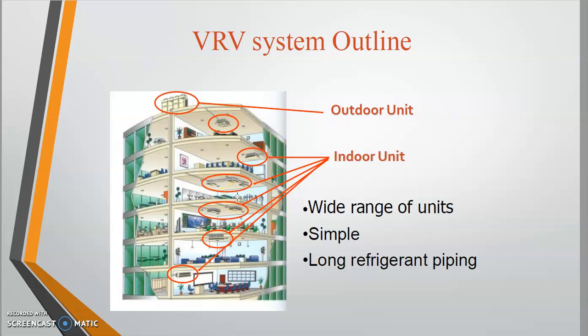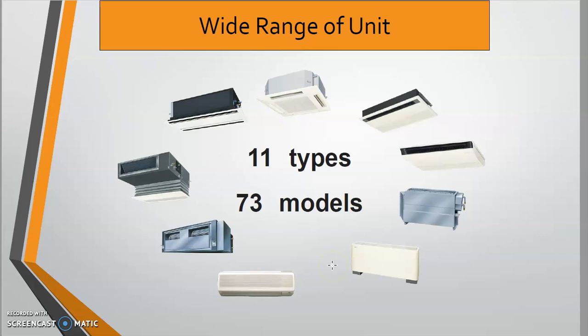The advantage of the VRV system is, of course, that it has a wide range of units. You can combine multiple choices of indoor unit, for example wall mounted unit, ceiling cassette unit, and ceiling exposed unit. It is simple, and it just needs a long refrigerant piping. Why do we call it a wide range of units?